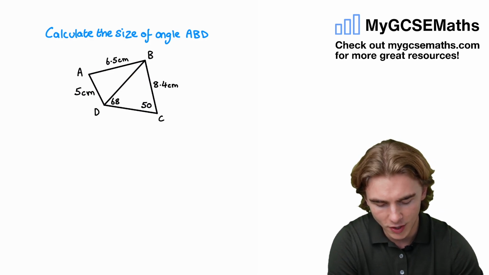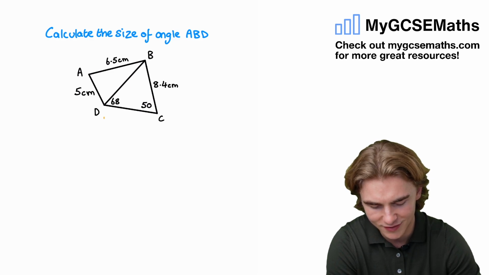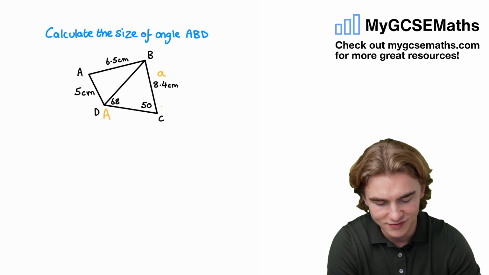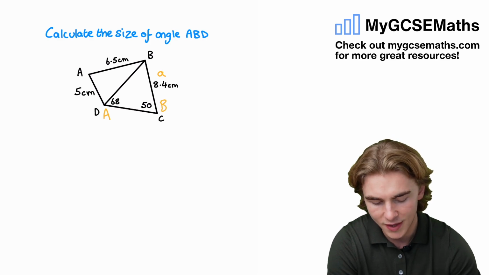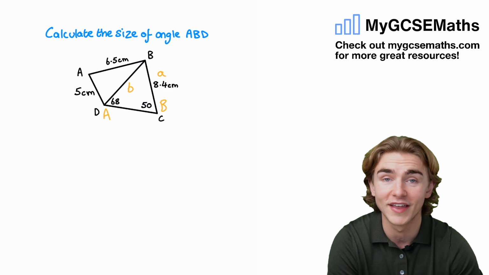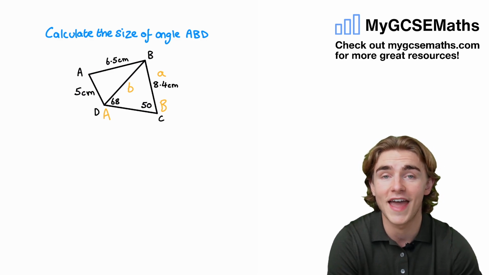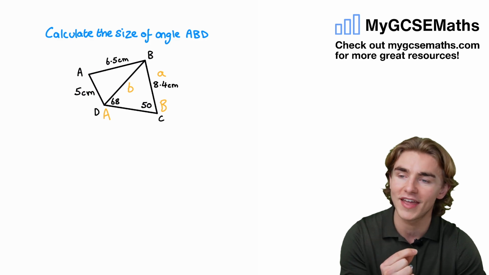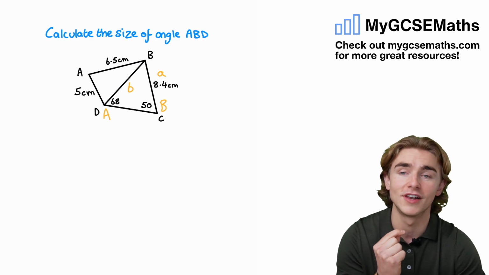So, two pairs of opposites, we have 68 and 8.4. Let's label 68 capital A, 8.4 lowercase a, and then let's label uppercase B as the 50-degree angle, and the side length opposite that is going to be lowercase b. Doesn't matter which one's A, which one's B, guys, but we have to make sure that uppercase A is opposite lowercase a and uppercase B is opposite lowercase b.